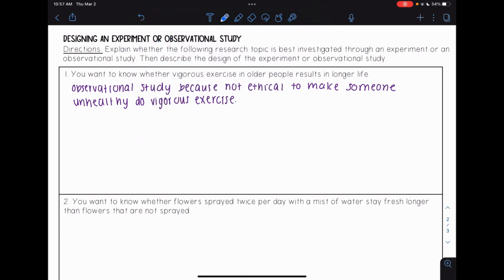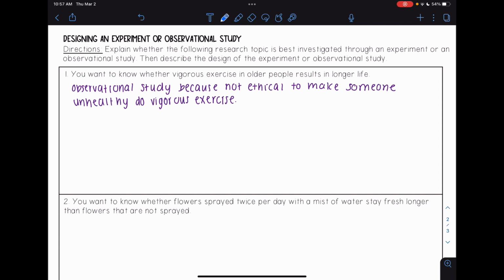Okay, and then we want to describe the design of the experiment or observational study. So describe how we would go about doing this observational study. So to do this observational study, we would want to randomly choose one group of individuals who already exercise vigorously, and then randomly choose one group of individuals who do not exercise vigorously.